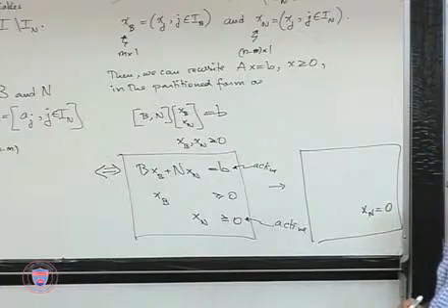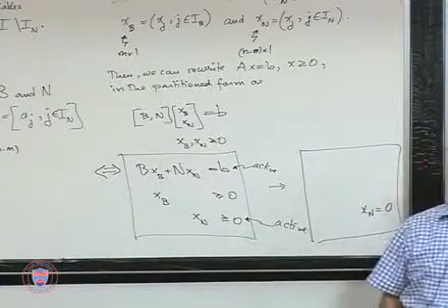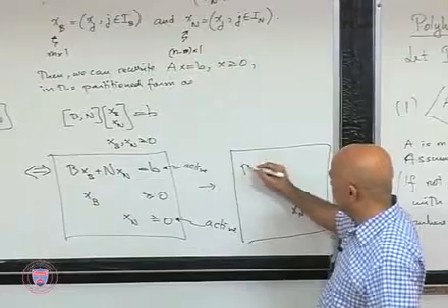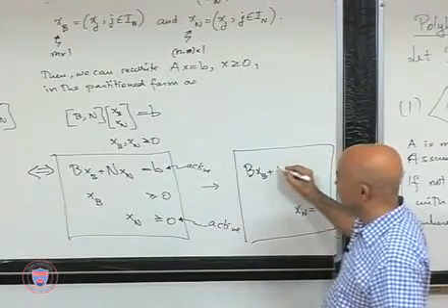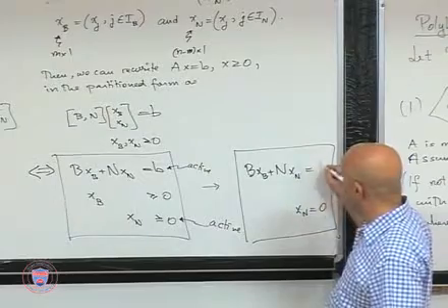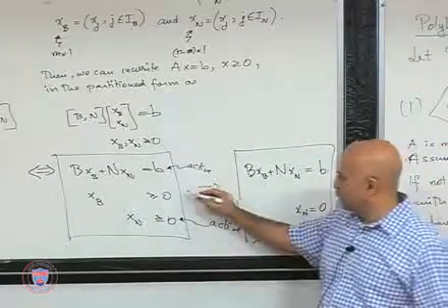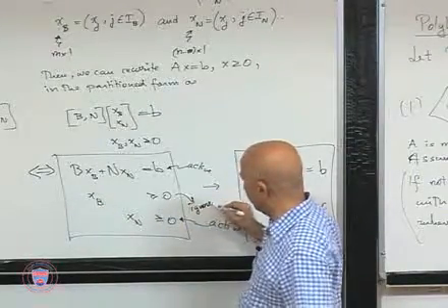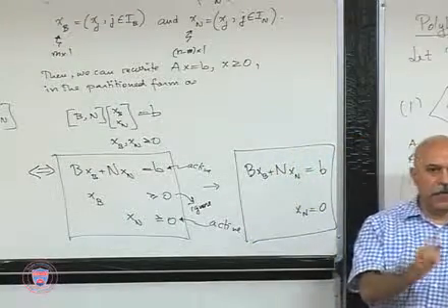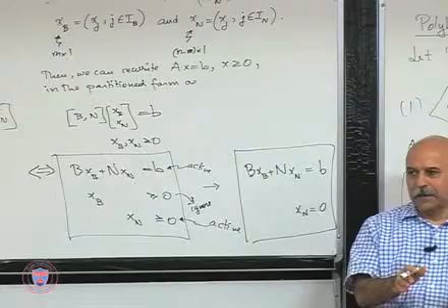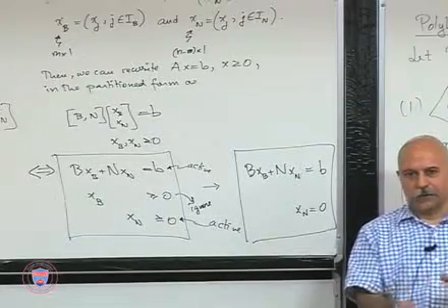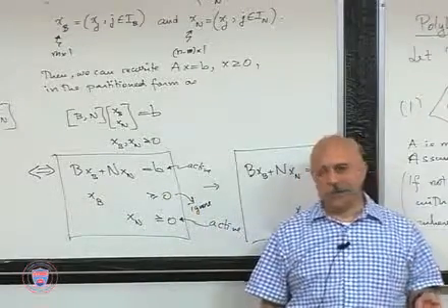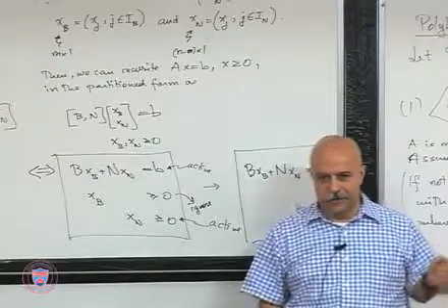Now, x_B, I don't know, I just ignore it. The first part, Bx_B plus Nx_N is equal to b. So this portion here we ignore. Why do I ignore? Because I'm interested in finding n linearly independent active constraints to obtain a basic solution. If the solution obtained happens to satisfy the ignored constraints, fine, it's a basic feasible solution. If it doesn't satisfy, it's just basic but not feasible.